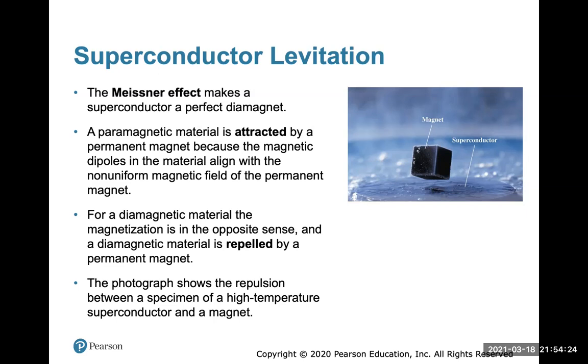We're not going to be powering any trains with this anytime soon because we have to keep them so cold that we're not going to net any benefit. We have to spend so much energy getting things cold enough to be superconductors, which helps explain why there's a bunch of active research in high temperature superconductors.